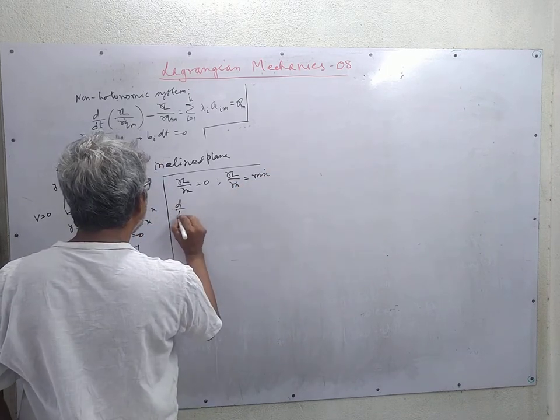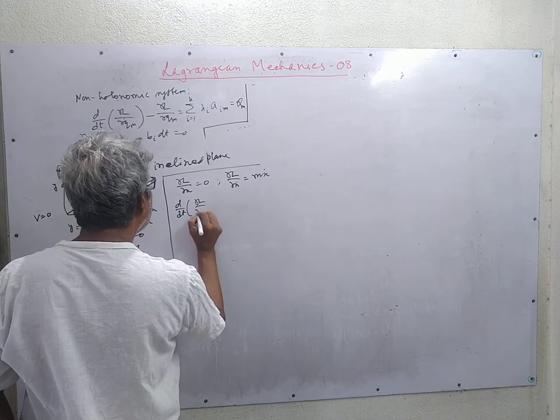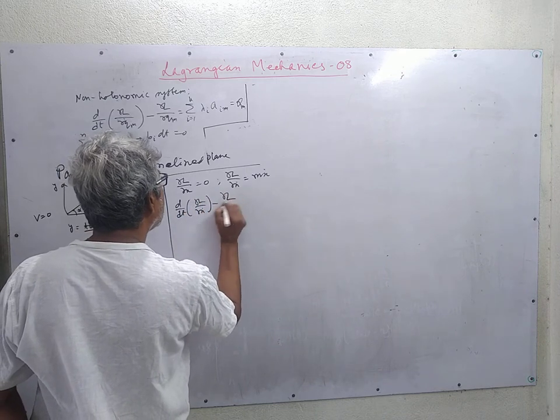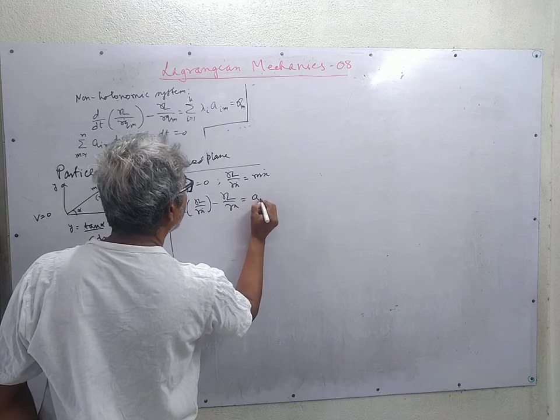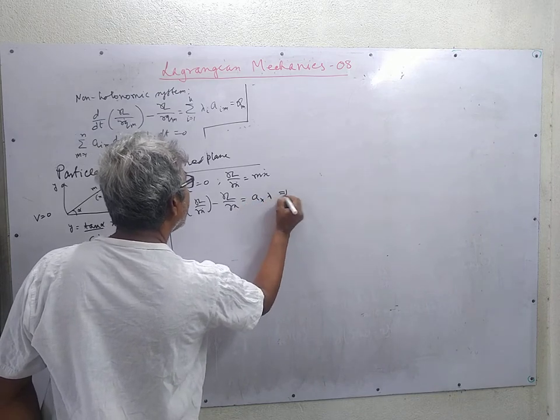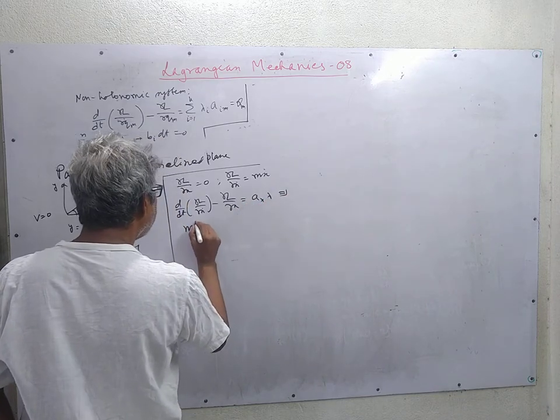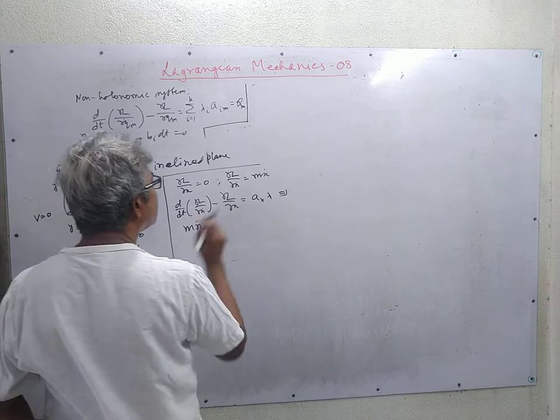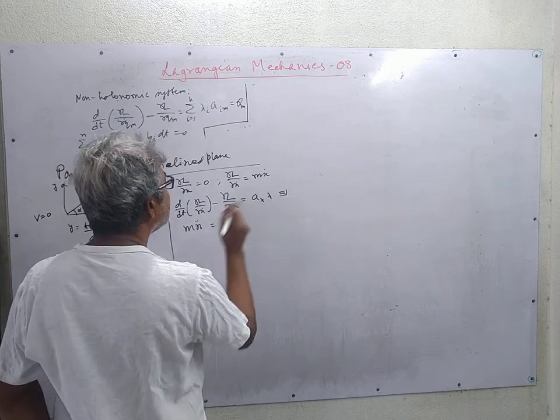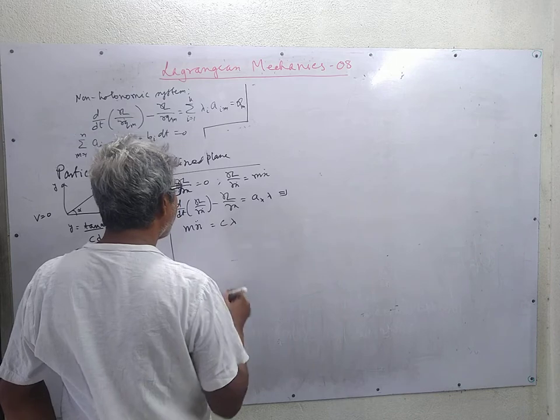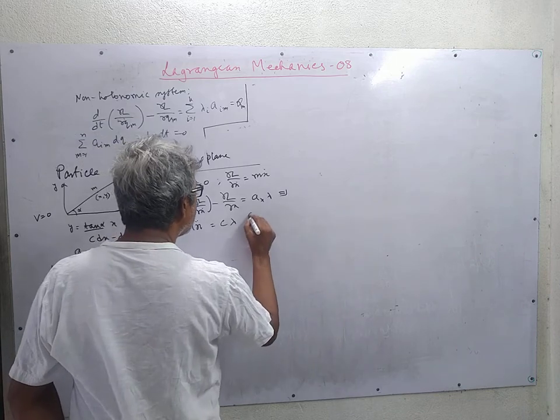So d/dt of del L by del x dot minus del L by del x is equal to A_x lambda, which gives us m x double dot equal to C lambda. This is equation 1.